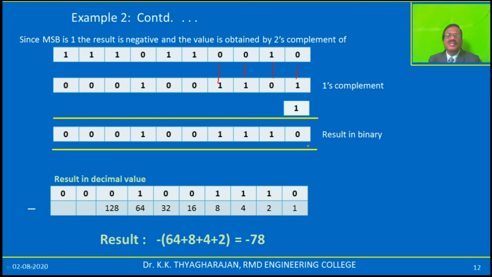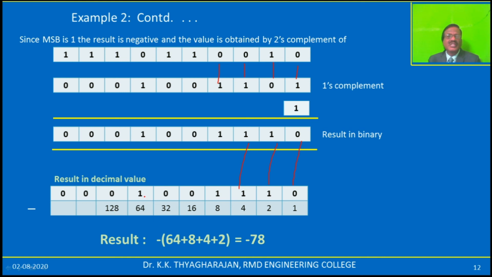So this is the result in binary. This is the decimal value. You convert this binary number to a decimal number. So to convert that, you put these values 0, 1, 1, all these things. Then you put the place values 1, 2, 4, 8, 16, like that.